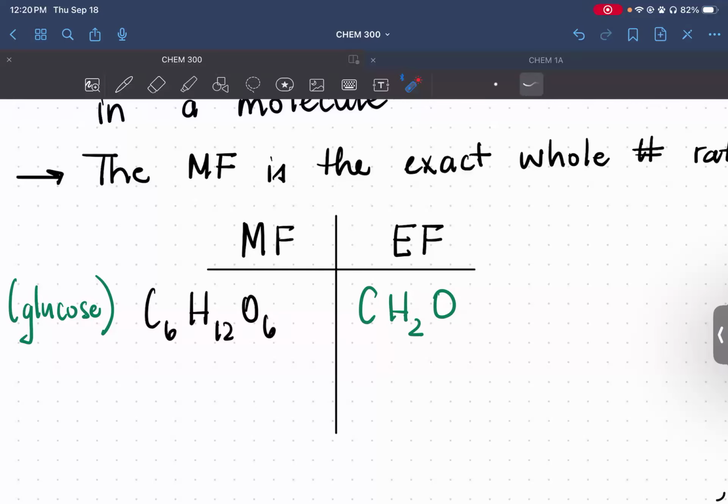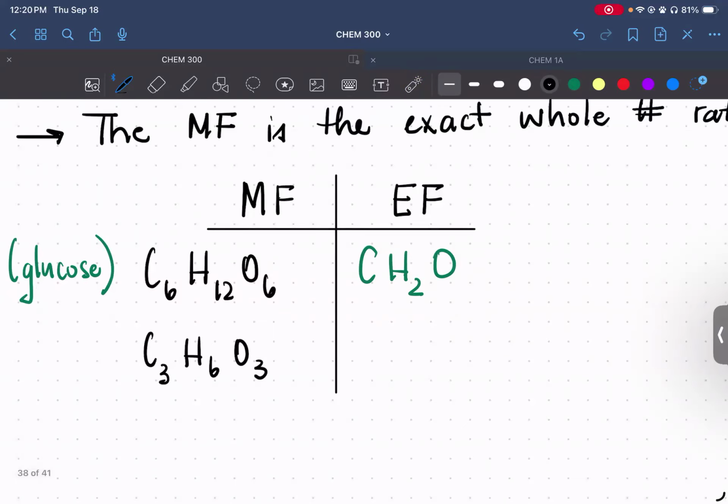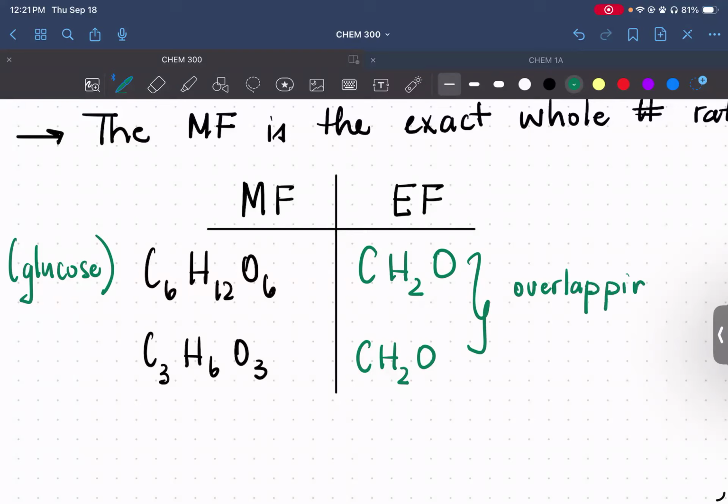Now, the reason why this becomes so useful is because as more molecules are discovered, synthesized, made, such as C3H6O3, although a completely different molecule, its empirical formula is also CH2O. And here's the overall implication of this. If they share a similar empirical formula, then they have overlapping characteristics.